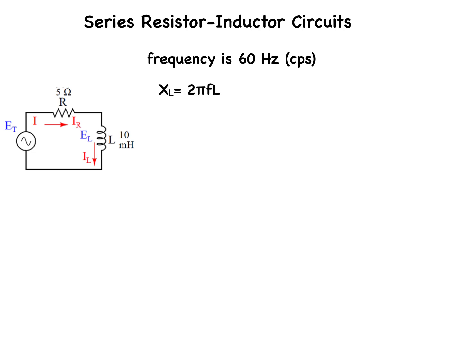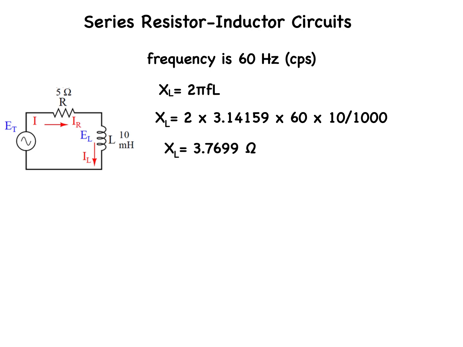We know that the reactance of the inductor will be given by 2 pi FL, and 10 millihenries is 10 over 1,000 henries, so that will give us 2 times 3.14159 times 60 cycles a second times 10 over 1,000 henries, which when you calculate that out comes to 3.7699 ohms.